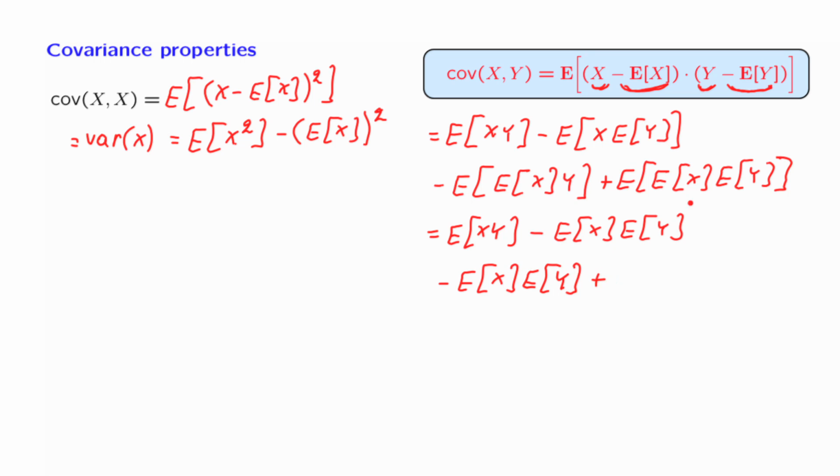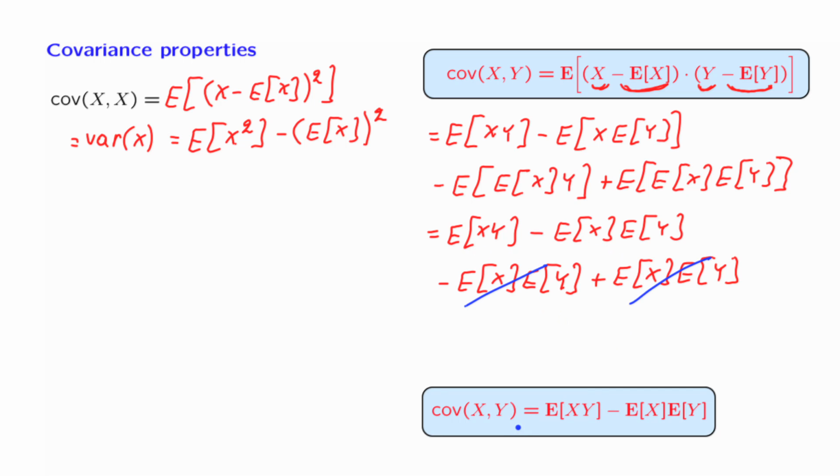And finally, for the last term, we have the expected value of a constant, and this is the same as the constant itself. We recognize here that the same term gets repeated 3 times, and because here we have a minus sign, we can cancel this term with that term, and what we're left with is just the difference of these two terms, and this is an alternative form for the covariance of two random variables. And this form is often easier to work with to calculate covariances compared with the original definition.